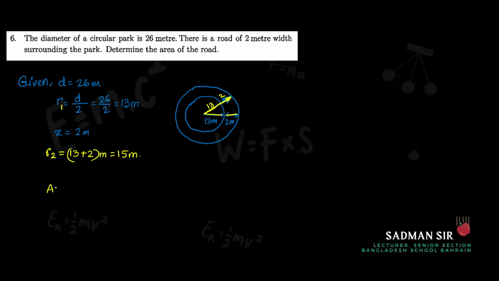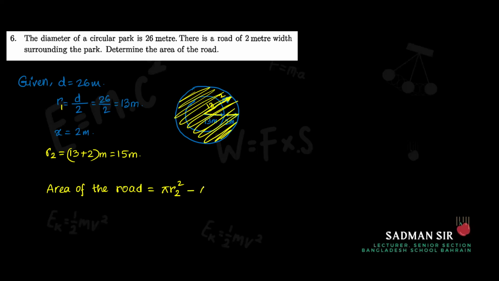Now they told us to find the area of the road. Area of the road should be equal to, if we find the area using the outer radius, pi r2 square, then it will give me the area of the whole bigger circle, right?